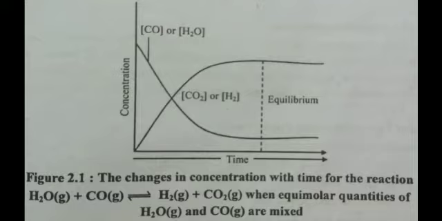The lower graph decreases, that means the amount of reactant decreases as time passes, or the concentration of the reactant decreases. The curve which is coming from top to bottom indicates that the concentration of the reactant decreases with time, whereas the concentration of the product increases with time.